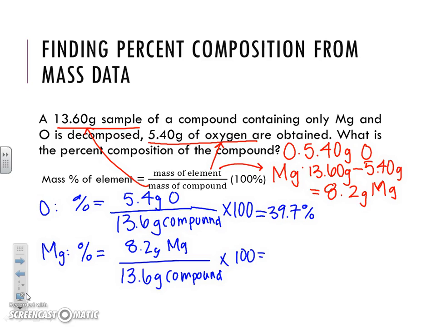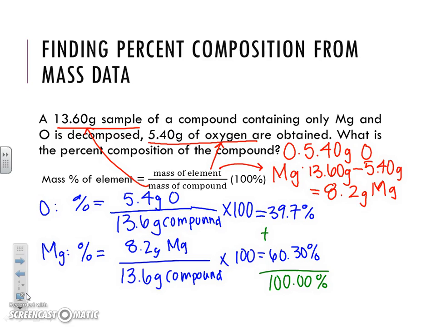When we do that, that is going to give us 60.30% as the percent mass of magnesium. And again, we can check our answer by adding these two, and they actually do add to 100%. Yay, math.